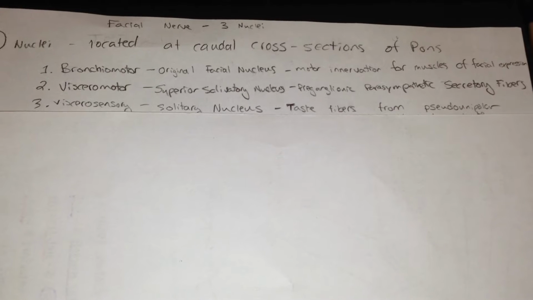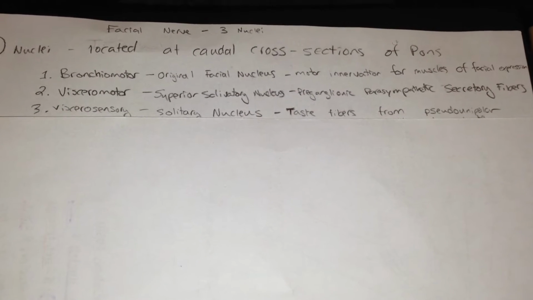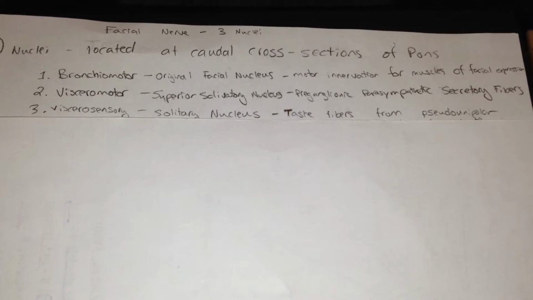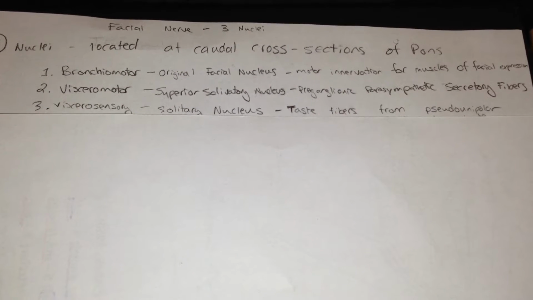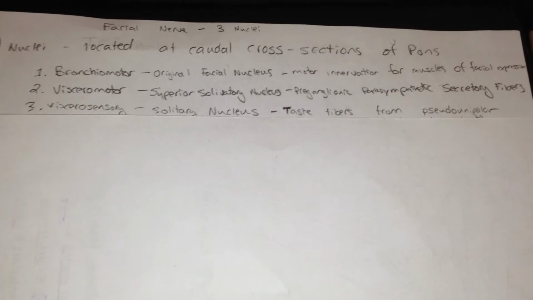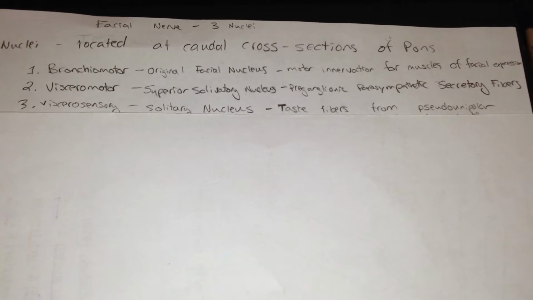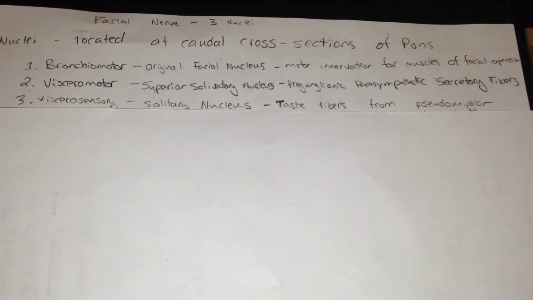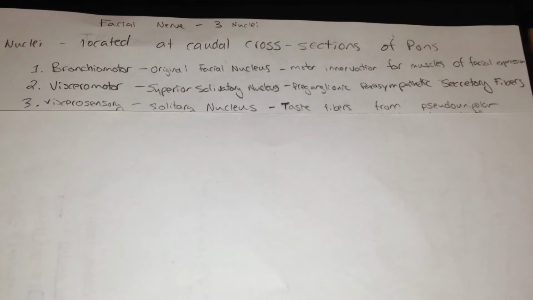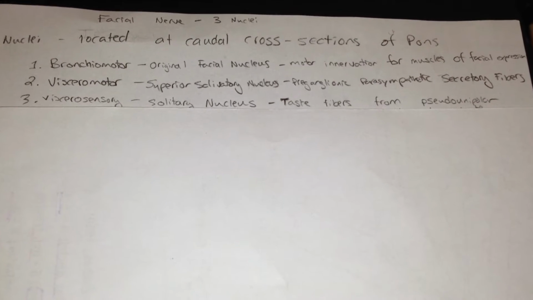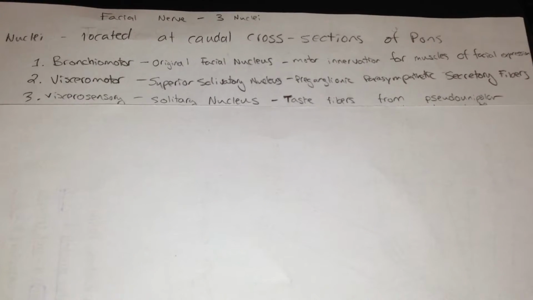When thinking about visceromotor, try to always remember that's going to be a parasympathetic nucleus, always giving parasympathetic fibers. In this case, the superior salivatory nucleus is going to give off parasympathetic fibers to the pterygopalatine ganglion. It's going to give off parasympathetic fibers to the submandibular ganglion, et cetera.